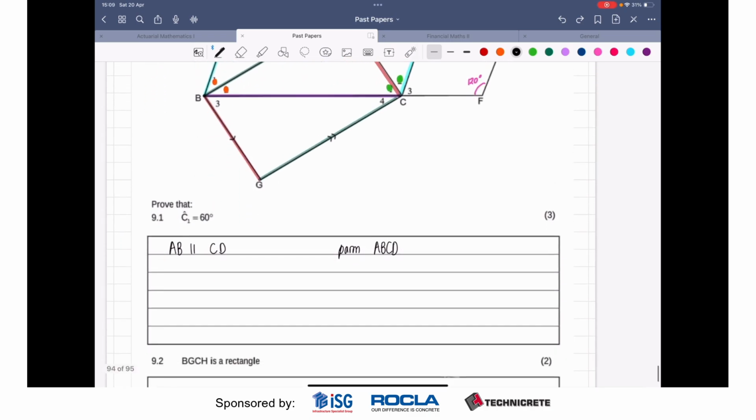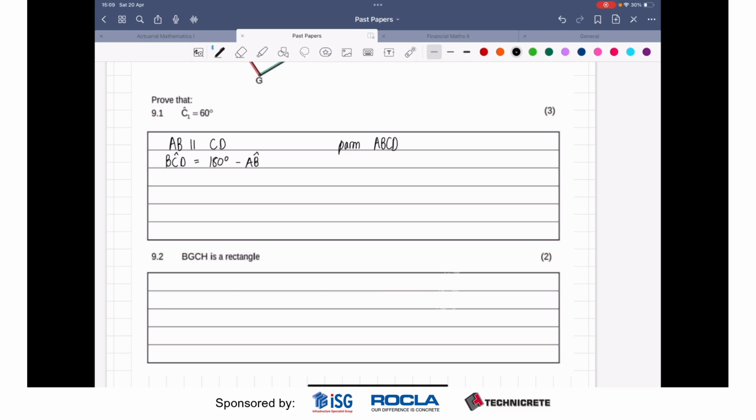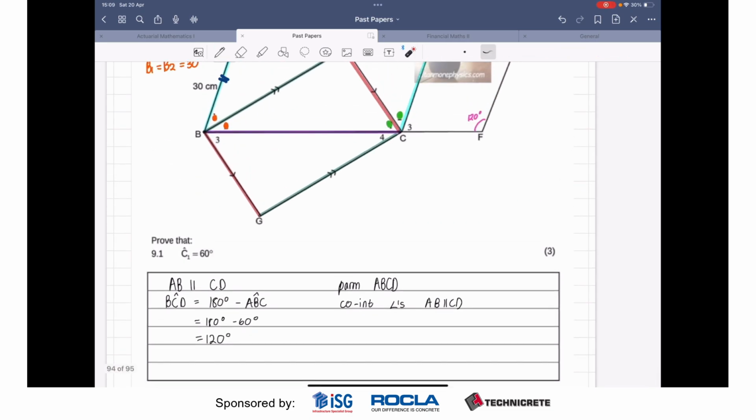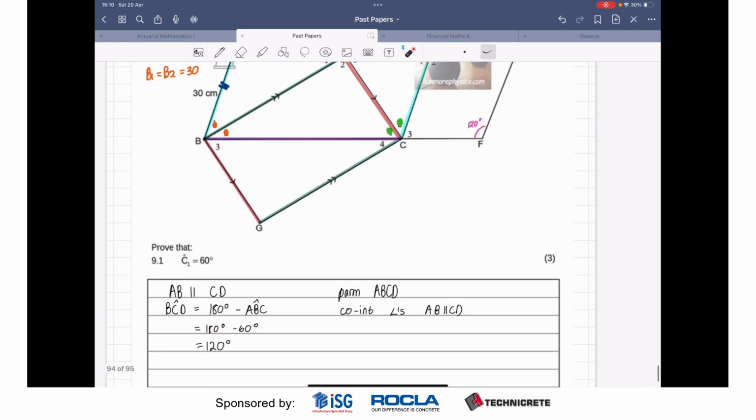So this is angle BCD. Angle ABC. So 120 degrees is the size of this whole angle here, that's C1 and C2, but we were asked to just find the angle of C1, but we were told that this CH bisects this entire angle C1 and C2, which means that this angle is equal to this angle, so they're both going to be equal to half of this angle, which is half of 120.